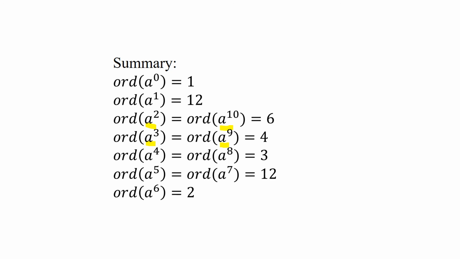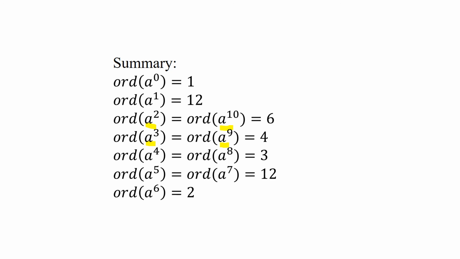Look for a pattern here. What do you notice? Certainly, if I take A squared, I get order 6. I'm thinking, well, the order of A is 12. 12 over 2 is 6. I look at A cubed. 12 over 3 is 4. A to the 4th, 12 over 4 is 3. Now I get to A to the 5th.